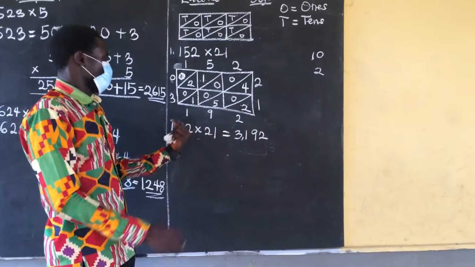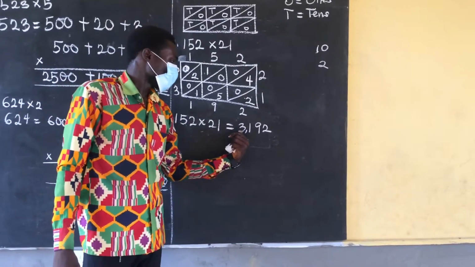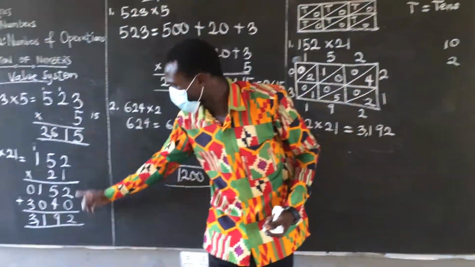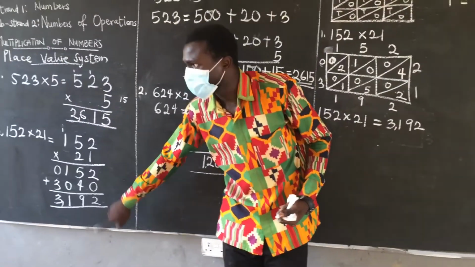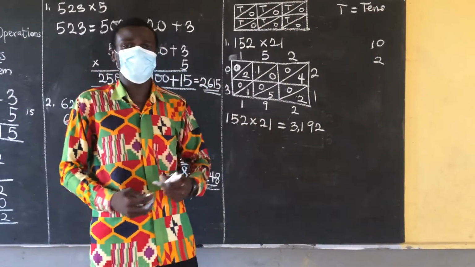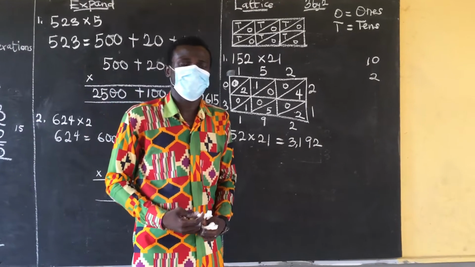Giving me 152 times 21 as 3,192. Comparing to this method, you can see that we have the same answer. So when it comes to the multiplication with the lattice method, this is how we go about it.